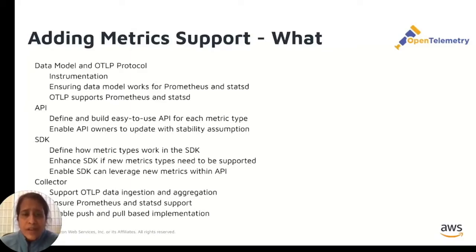On the SDK side, defining how metric types work in the SDK, enhancing the SDK if metric types are needed to be supported, or adding new metric types and ensuring that that is fully supported is important. And enabling the SDK to be able to leverage new metrics along within the API is also a requirement.